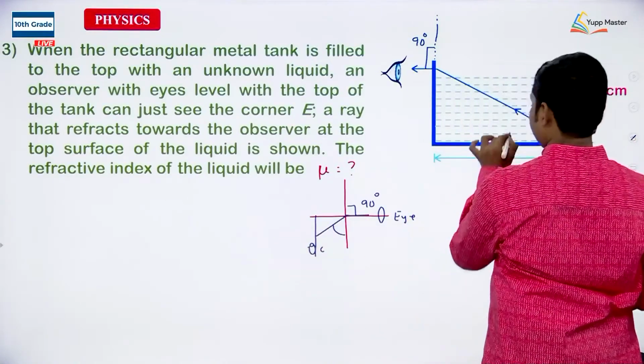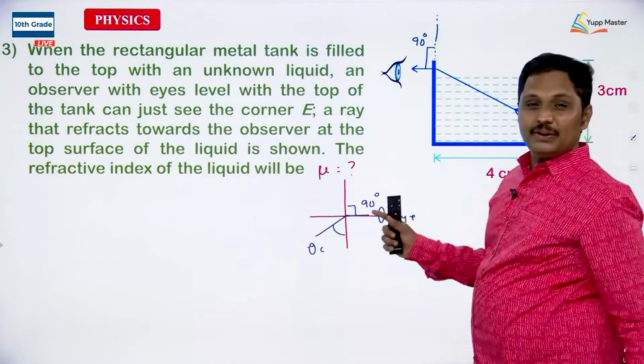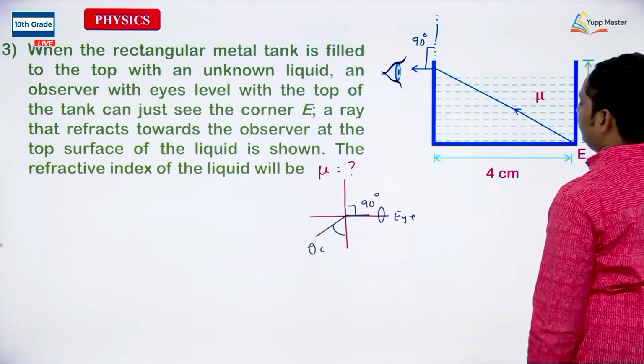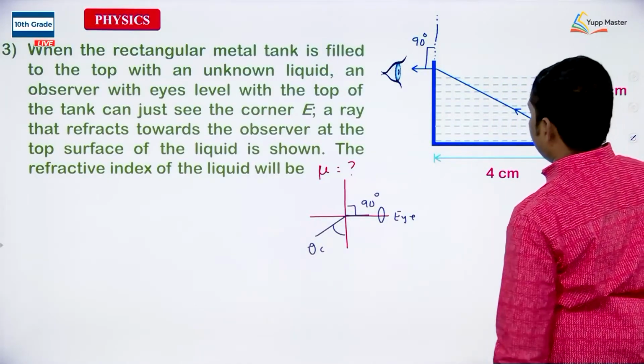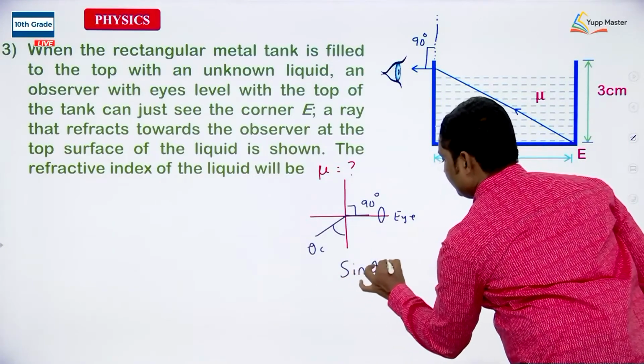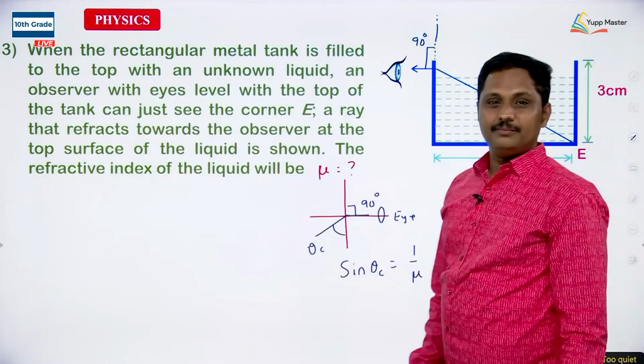Please see that, this is very clear, and we can easily find it from the figure. Sin theta c is equal to 1 by mu, it is a known relation.